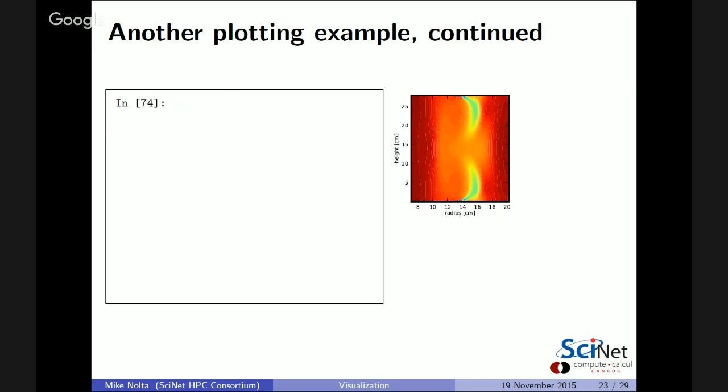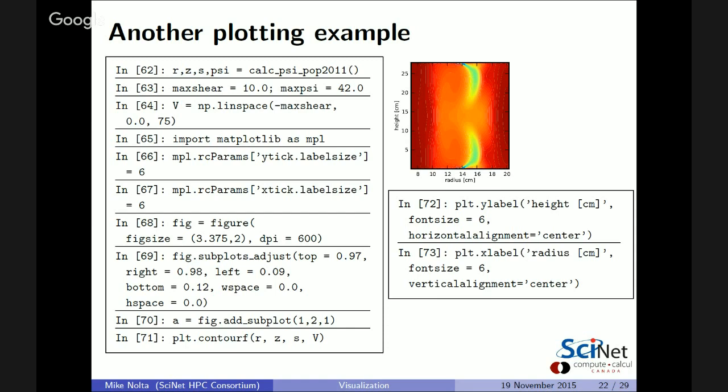So first off, the reason there's no space between the panels is here. In subplots adjust, there are these two options, wspace and hspace, and I set those both to 0. Basically, the X space between the panels and the Y space between the panels is 0.